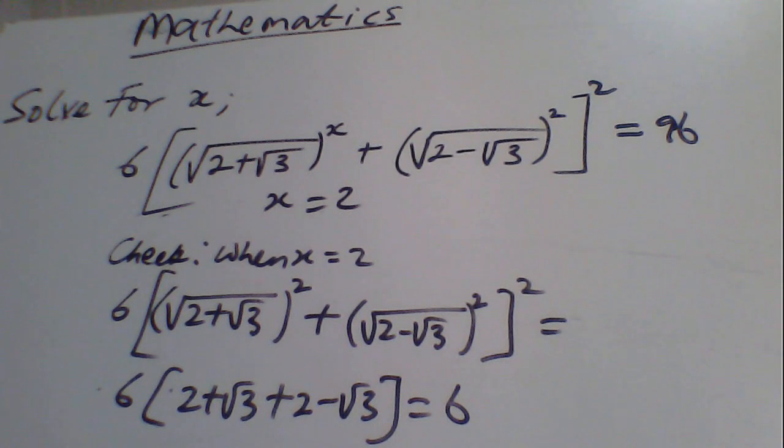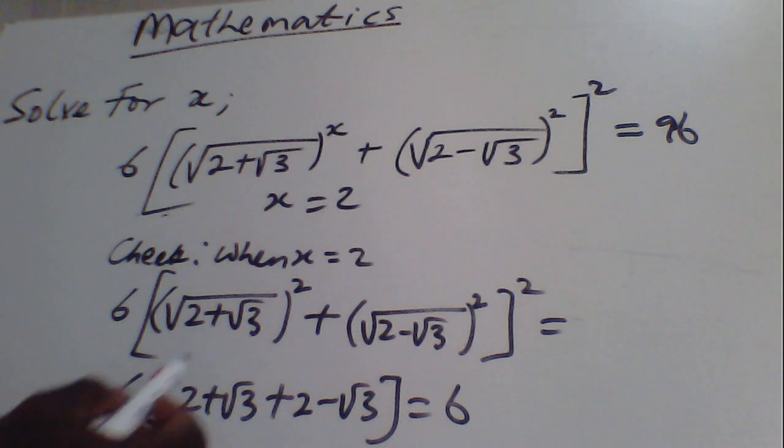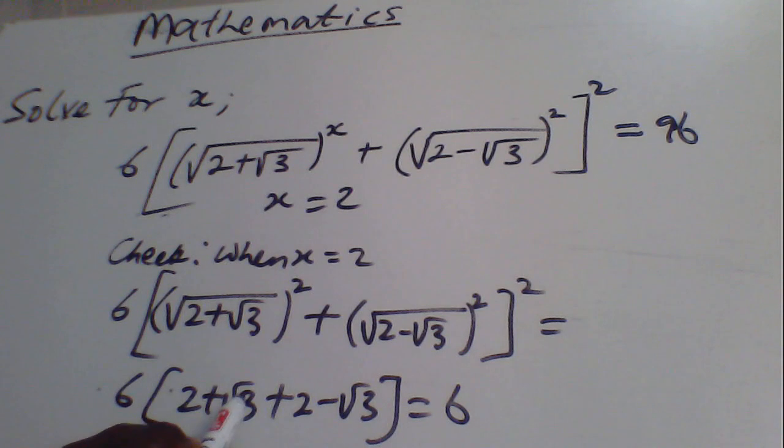So from here we have 6. Mind you, we have 2 plus root 3 plus 2 minus root 3.